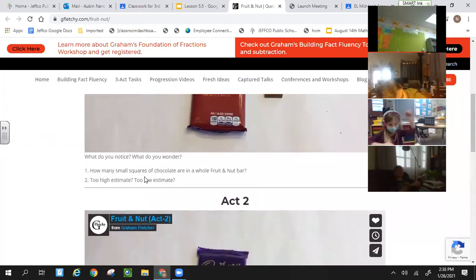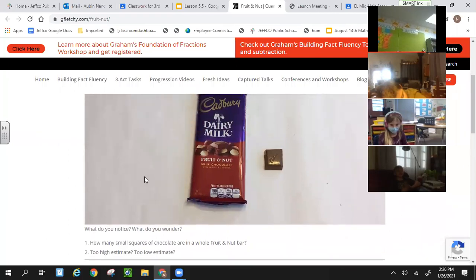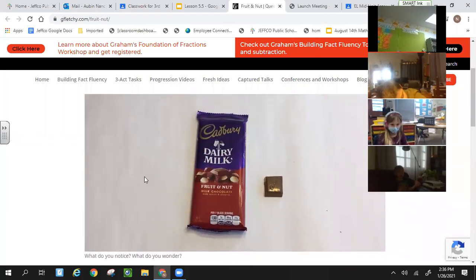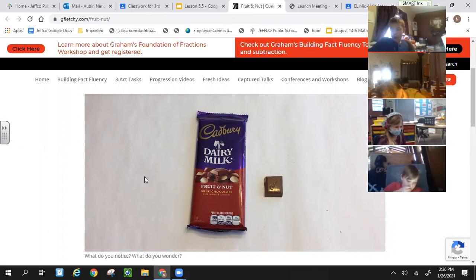How many small squares of chocolate are in a whole fruit and nut bar? Everybody needs a high and a low. For example, a high estimate, I could say 100. There's no way it could be 100. And then my low, there's no way there's only 2. So what's your high estimate?